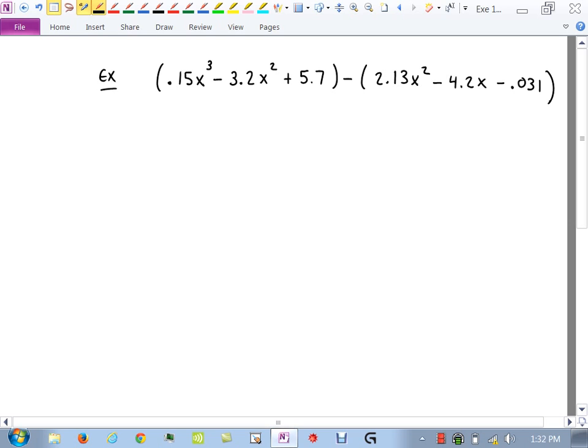Now, do we have like terms? We do have like terms, but they're not in the same parentheses. In the first parentheses, none of those are like. Second parentheses, none of those are like. So the only way to get things together here is to get rid of those parentheses. So we'll have to distribute a negative sign through the second one.